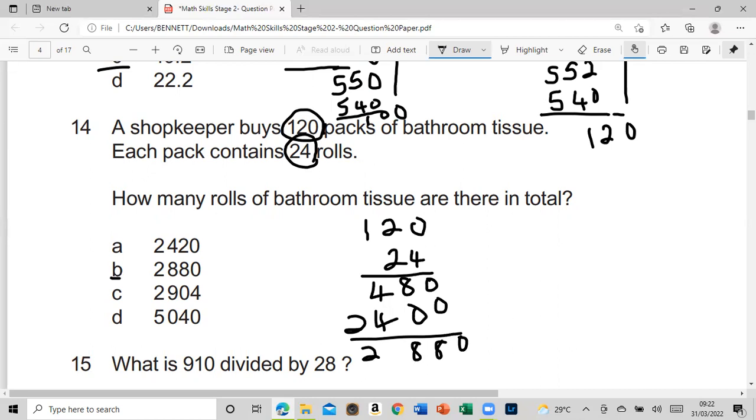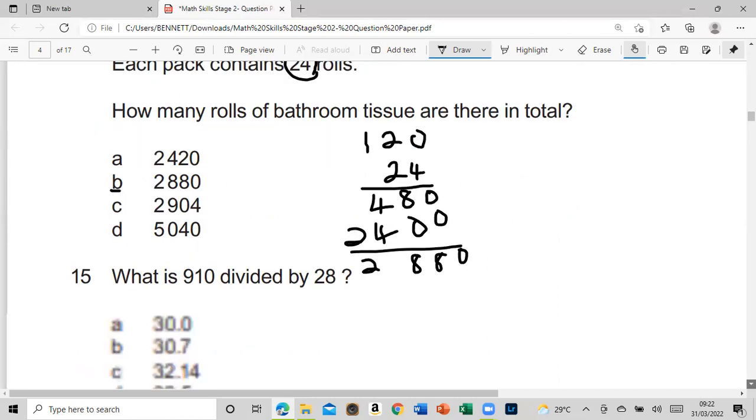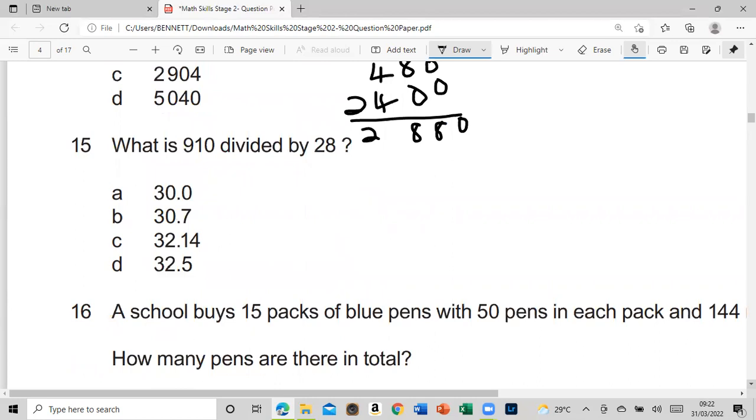Alright, on to another one. So it says, what is 910 divided by 28? Right? Let's make sure we make no error now. Like this. Right. So it's 910. The decimal point is here. 28 into 9 and 28 into 91.